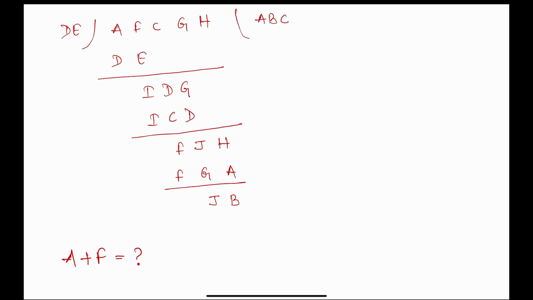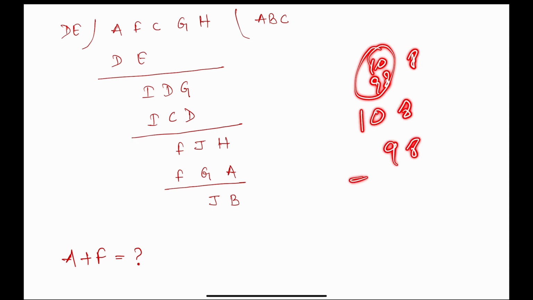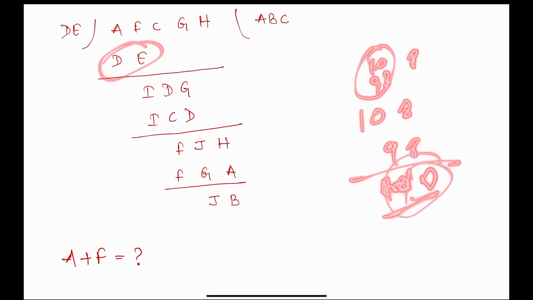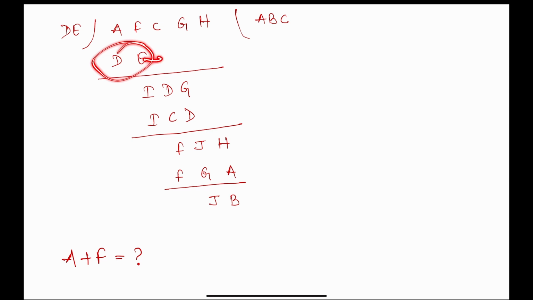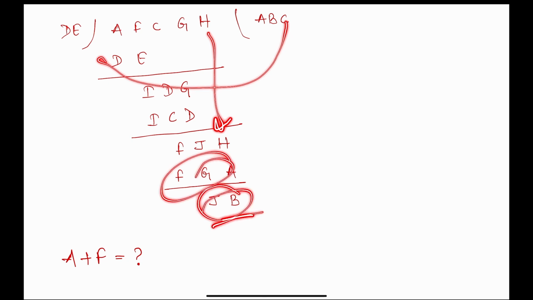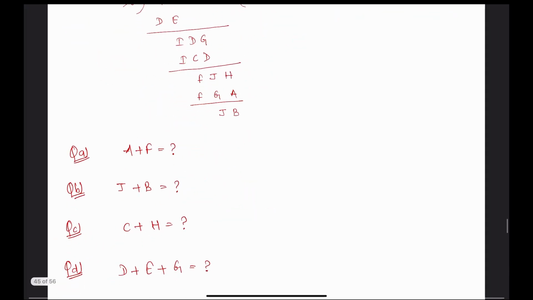They might write 108 minus 98, but it's not that I'm subtracting from 10 upon 98; what it actually means is that we are subtracting 980, so it's 10. So one thing is clear: in the first step it is AFC minus DE. G came, then we multiplied with D and got this value, then H came, we multiplied with this one, and JB came. And now the question is asked in this manner.